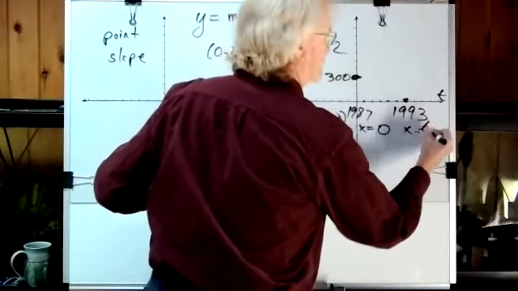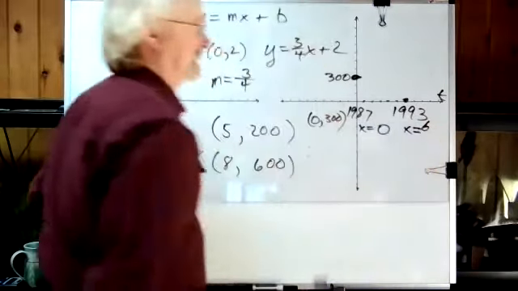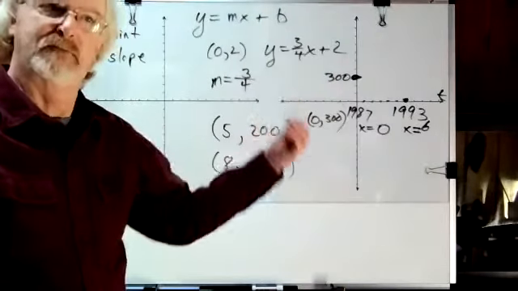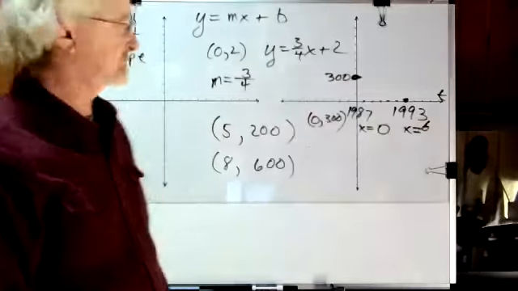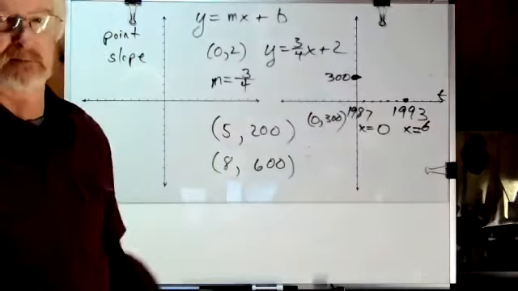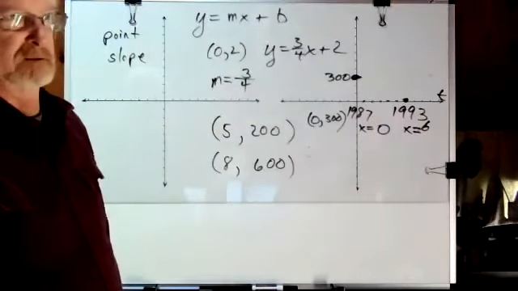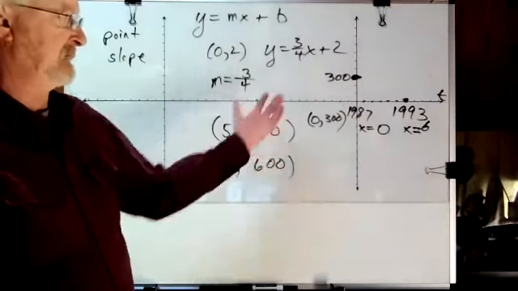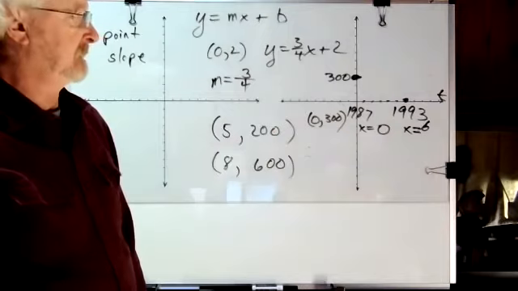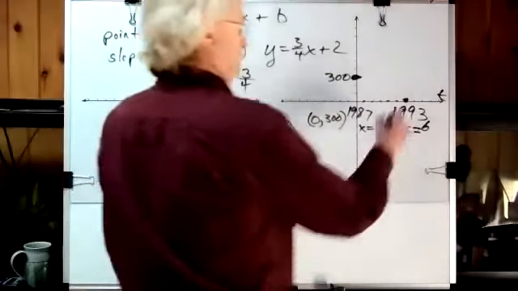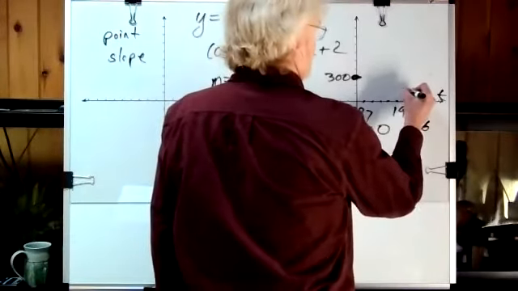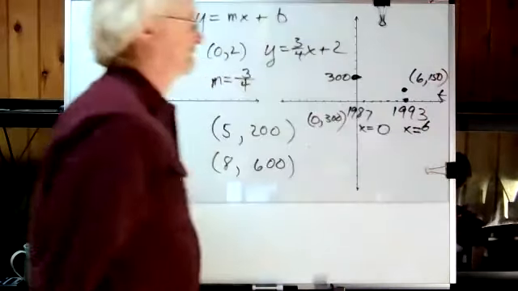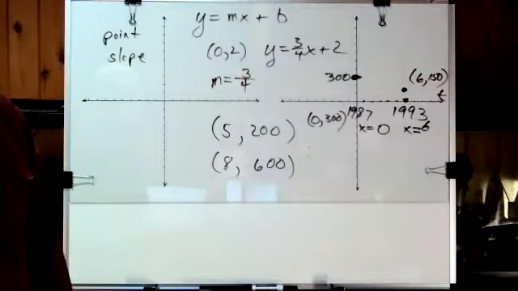All right, in 1993, I'm using an x value of 6. I'm counting from 1987. Again, things you might run into in an application with a word problem. And here they might say, in 1993, it was down to 150. Write the equation of that line.